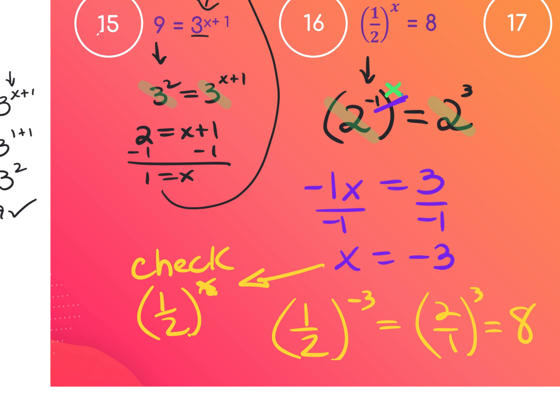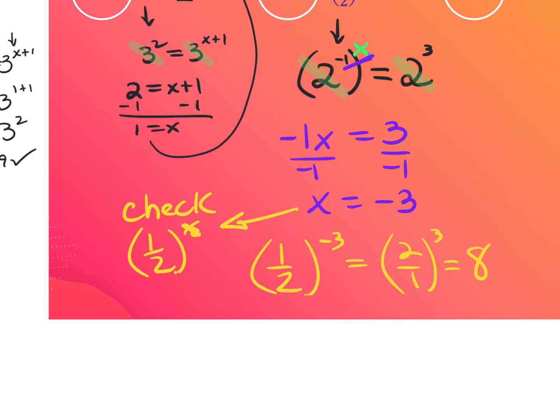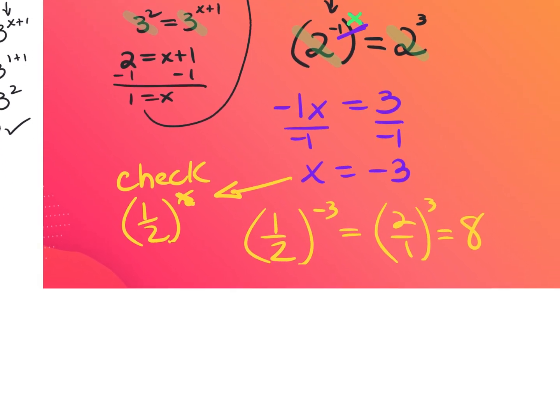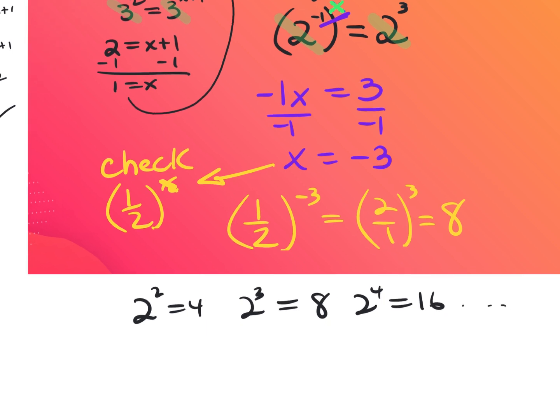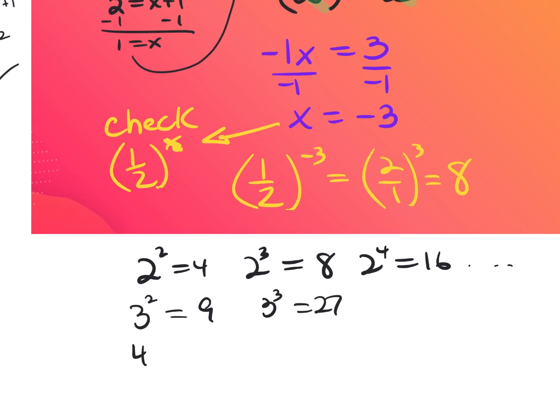So my recommendations to you, I would highly recommend that you memorize, for example, that 2 squared equals 4, 2 to the third equals 8, 2 to the fourth 16, and so on. And then maybe the same thing for the 3's. 3 squared is 9, 3 to the third, 27. Do the same thing for the 4's, some of the beginning smaller numbers.